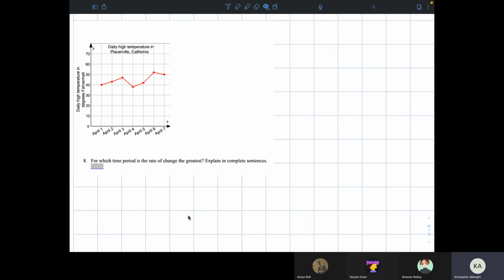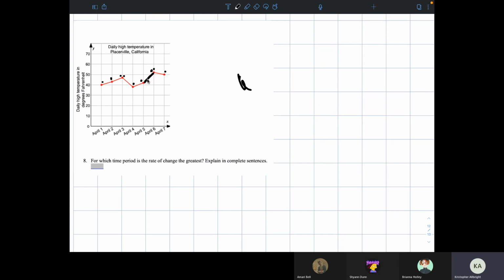So if we look here to here, it doesn't change very much. Here to here, it doesn't really change very much. Well, here to here actually does change a good bit. Here to here doesn't change very much. Here to here, again, that changes a good bit. And then here to here doesn't really change a lot.